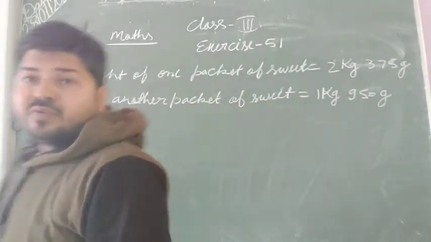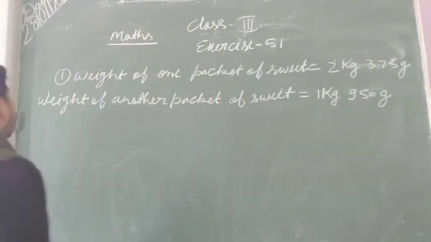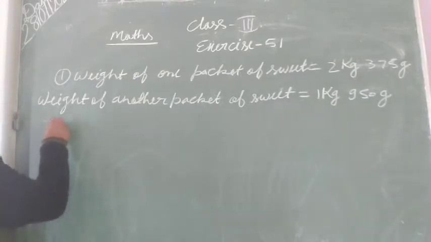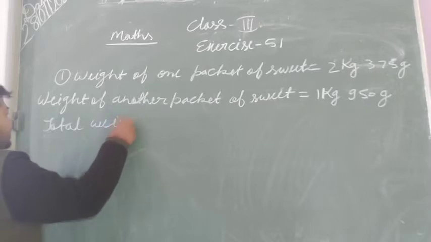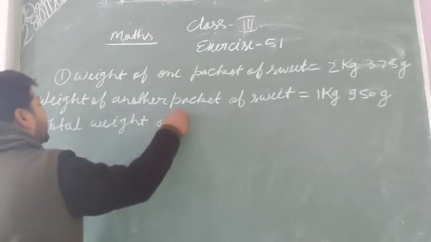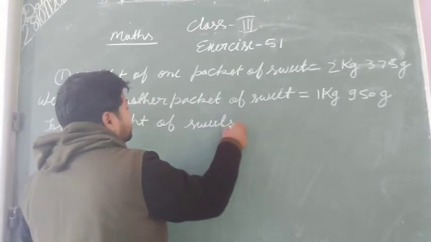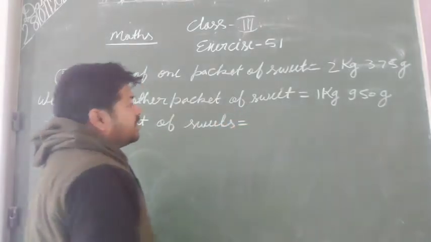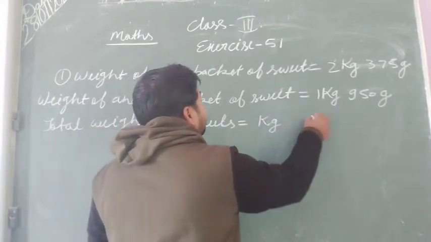So what you have to do? You have to add here. Okay. So here you write total weight of sweet. You have to write in kg and gram.